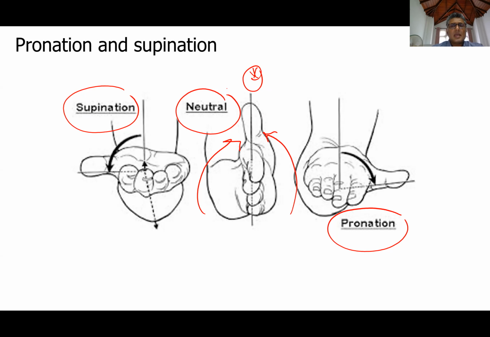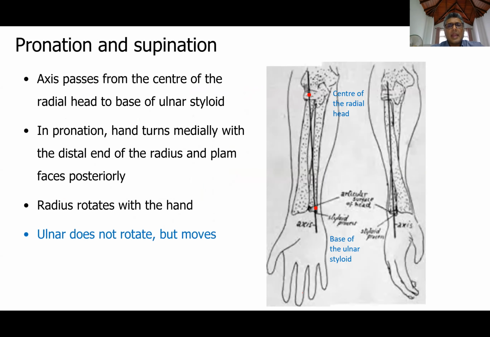The other point is, as you can see here, in the supinated position the thumb lies on the lateral side, and in full pronation it lies on the medial side with the palm facing backwards. It is the radius that rotates during pronation and supination, with the distal end of the radius lying either parallel to the ulna or lying across the ulna. Since the wrist joint is only between the hand and the radius, it moves with the radius.